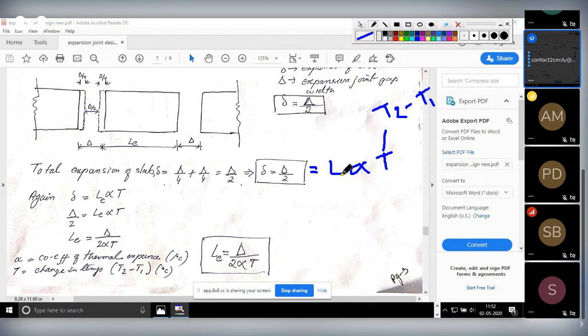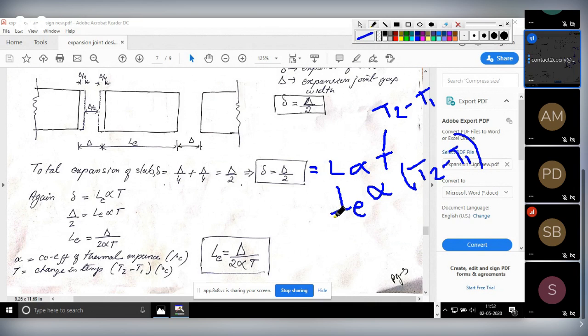Now L is what? If this is a beam or a rod, then the length is the original length. What is the original length of the slab? The original length is Le. Alpha we can write as alpha only, and T2 minus T1.